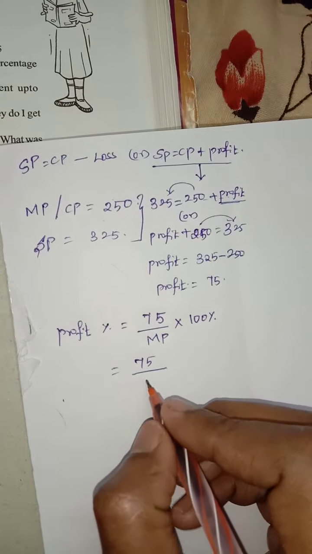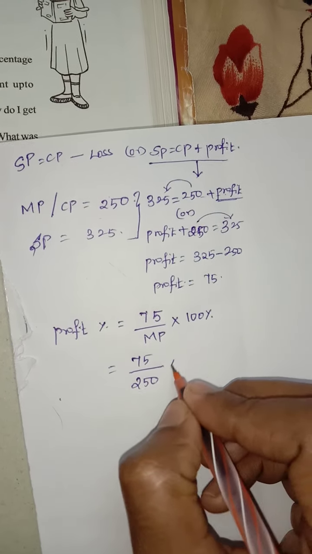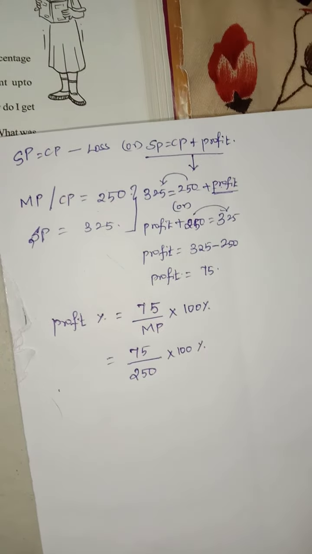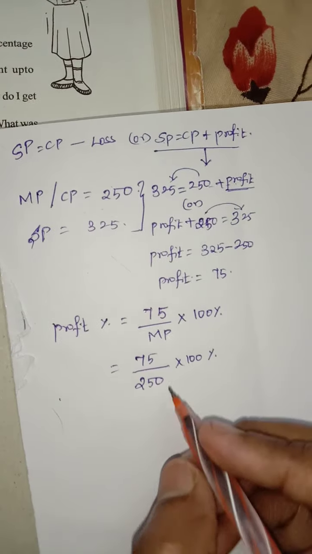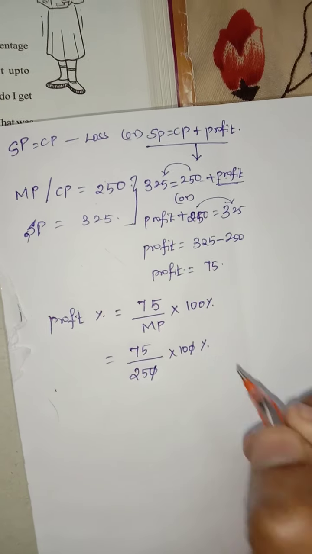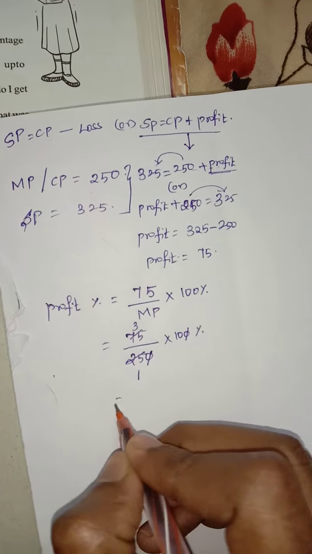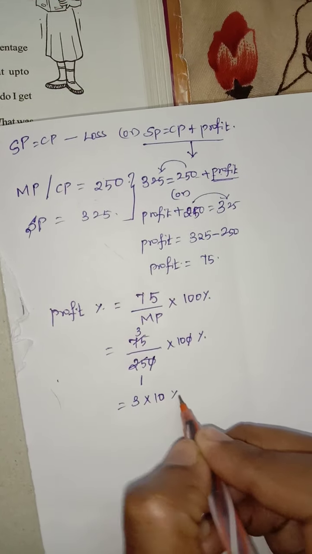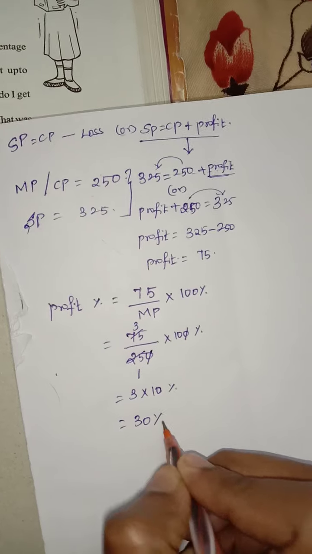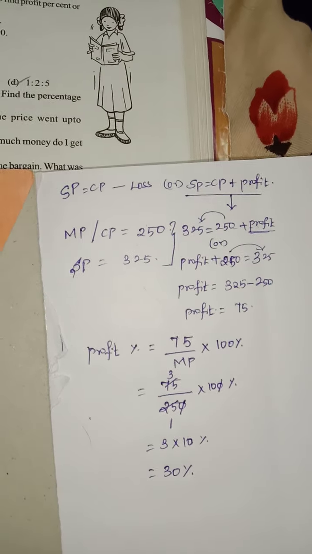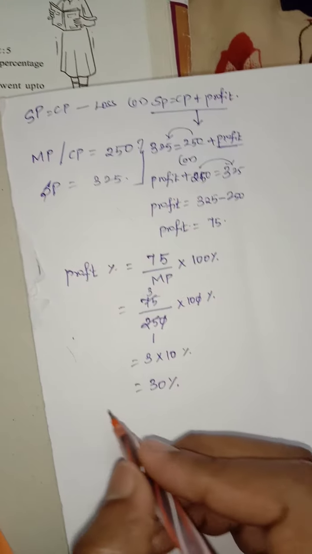What is the market price or cost price? Cost price is 250, and multiply with 100 to convert it into a percentage. So try to cancel, this gets cancelled. In the 25th table, this is 1 time, this is 3 times. So 3 into 10 percent is equal to 30%. I'll explain one more question.